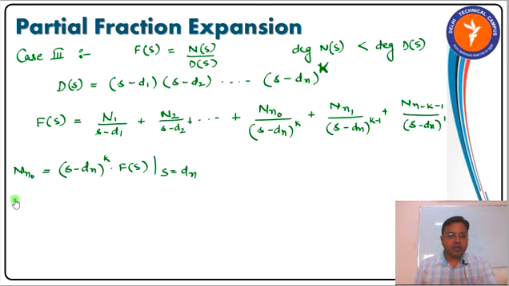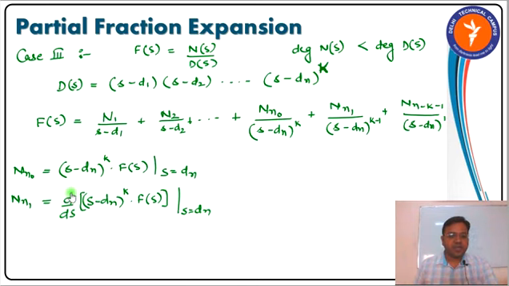The nn1, please see closely here, can be calculated by finding out the derivative of this function. Derivative with respect to s of s minus dn raised to the power k times f of s, and then substituting s equal to dn.